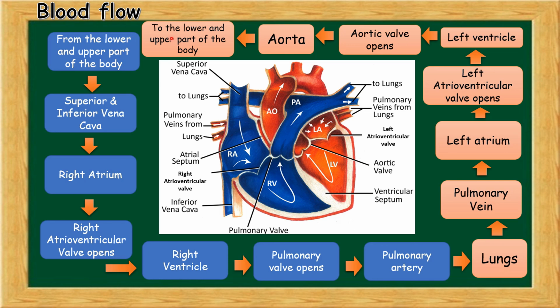So that's the reason why it will go back to the heart, then go to the lungs, and to the different parts of the body to deliver again. So this cycle happens every 60 seconds in our body. So that's how the blood flows.